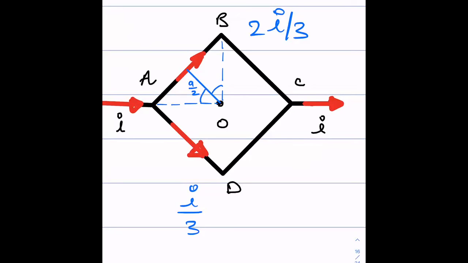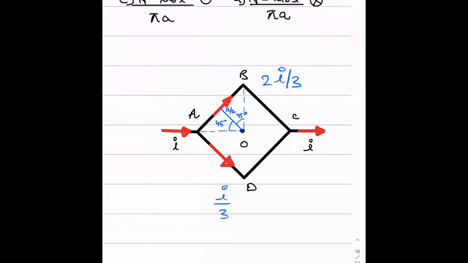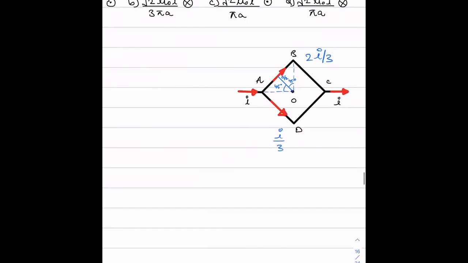Can anyone tell me what these angles are? 60 degree. 45 and 45. Good. How did you get 60?